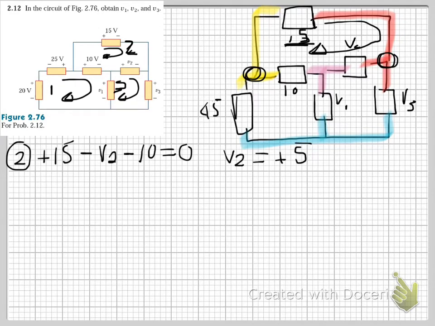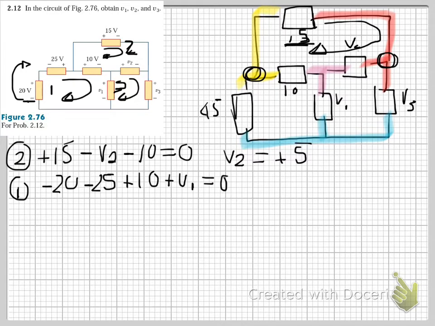And then in loop number 1, you've got negative 20, because we're starting here, we're going up like that. Negative 20 minus 25 plus 10 plus V1 is equal to 0.